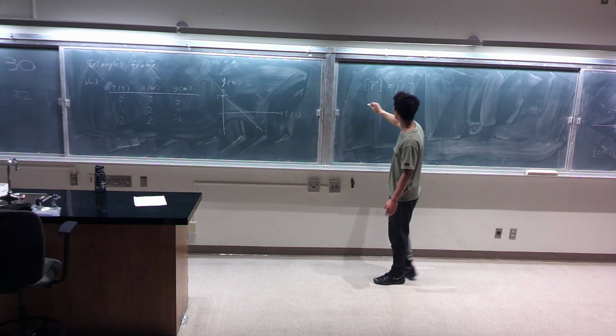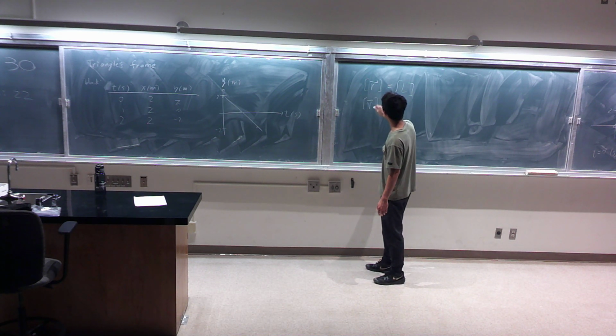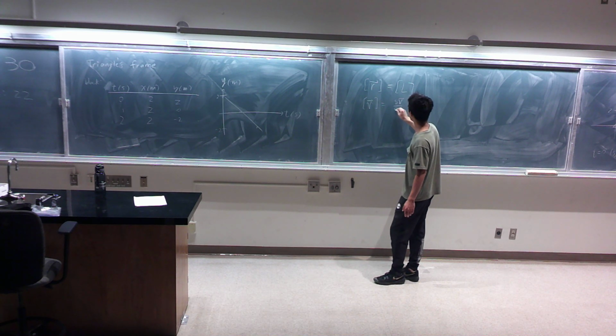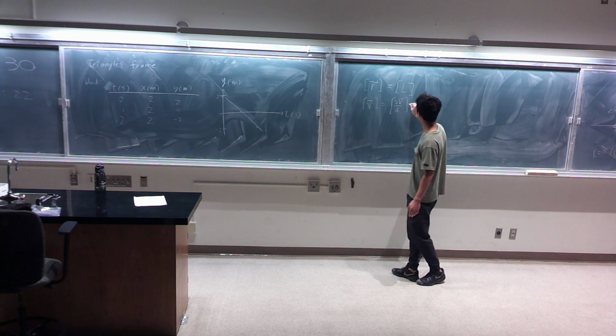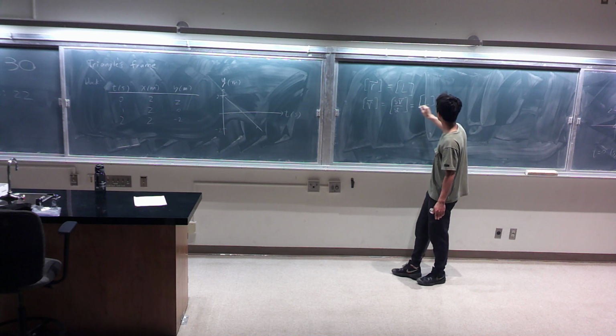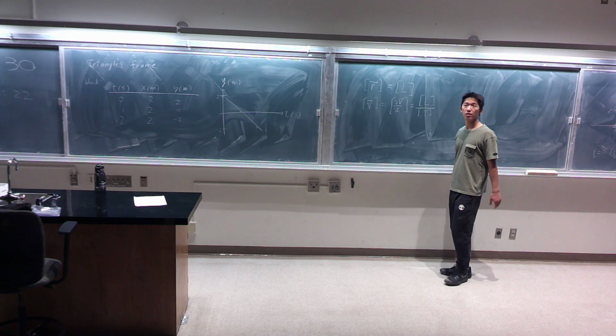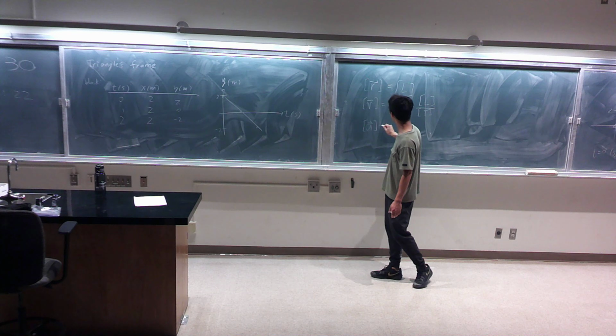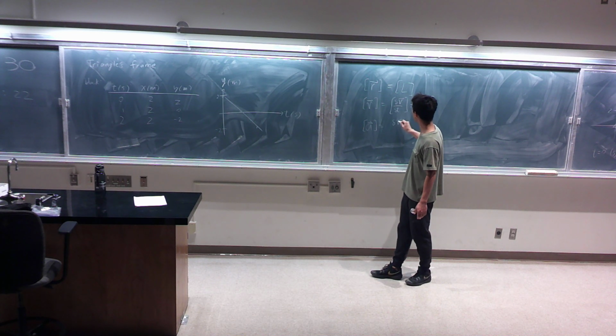Then the next thing you learn is velocity. You know it's going to be the change of position divided by the change of time. So it's going to be length divided by time. And you learn acceleration is the change of velocity.